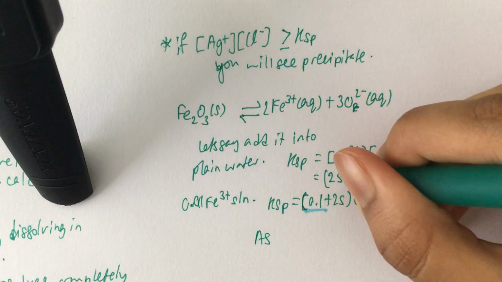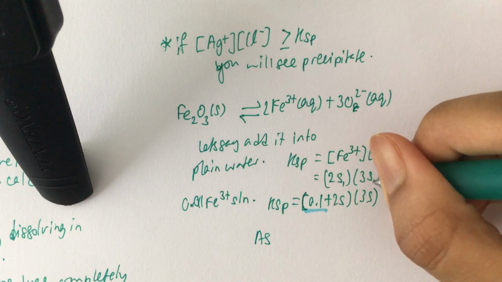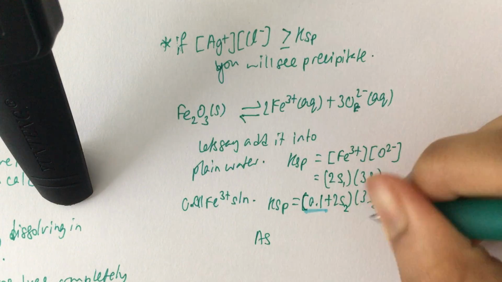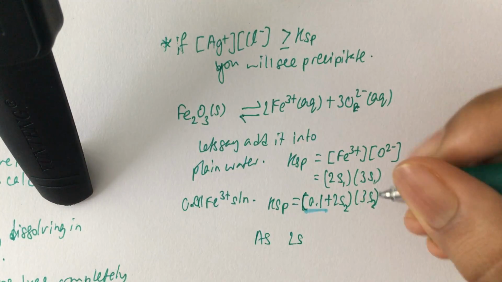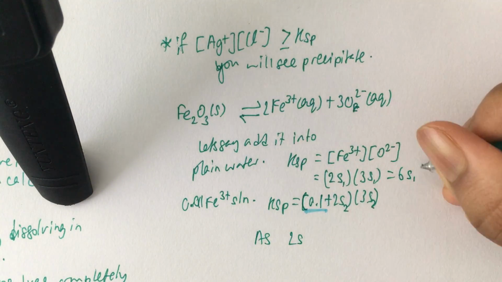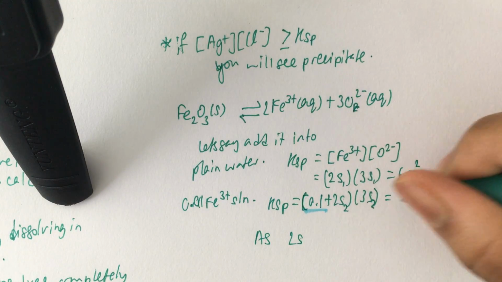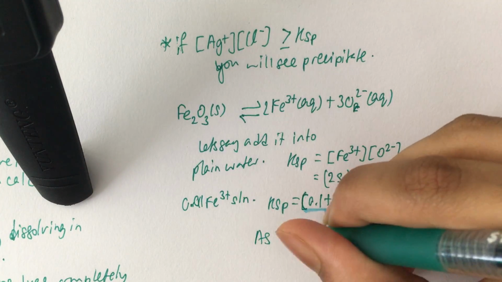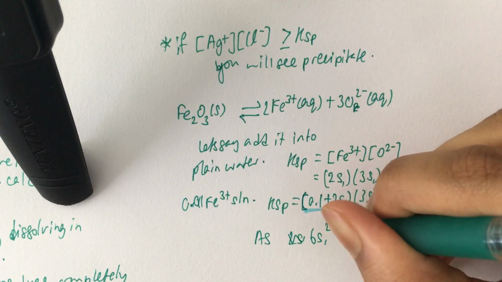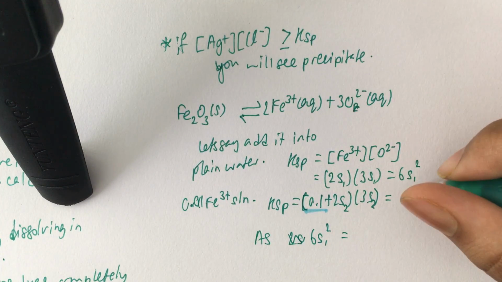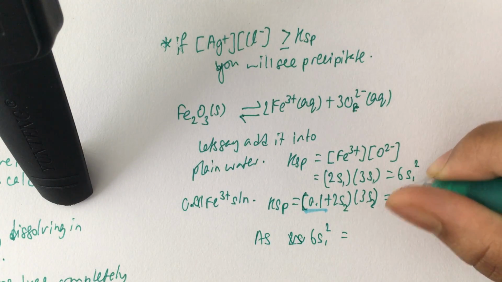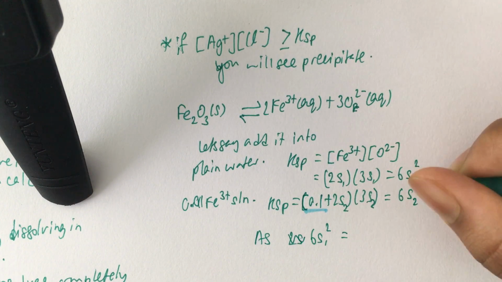To restore the equilibrium, it will try to undissolve some of the ions that are in the solution. Even though the solubility is already so low, it will become even lower, just because there's a lot of excess ions of one of the elements in the solution.